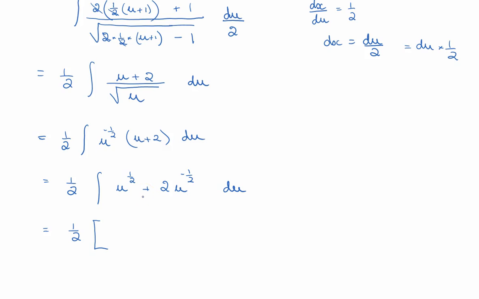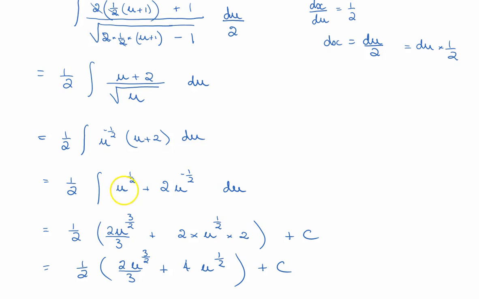I don't need square brackets because I'm not going to be substituting anything. And to get, add 1 to the index, a half plus 1 is 3 on 2, divide by 3 on 2 is the same as times by 2 on 3. Keep your 2, add 1 to your index, so it's a half, divide by a half is the same as times by 2. And tidy that up, we've got a half outside, 2/3 u to the 3 on 2 plus 4 u to the half plus a constant.